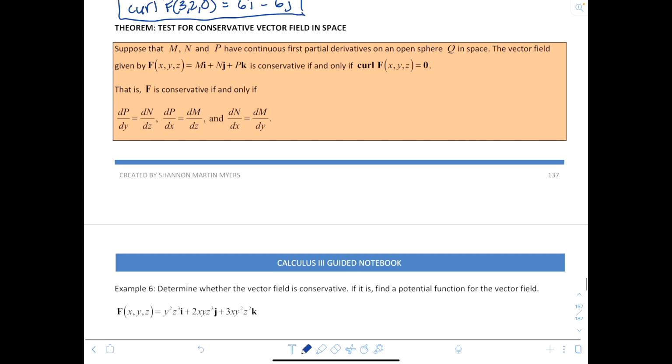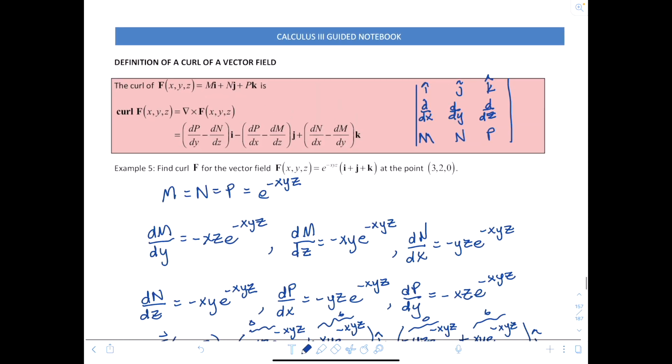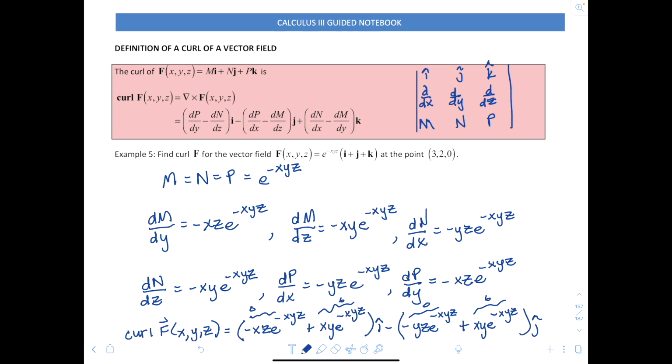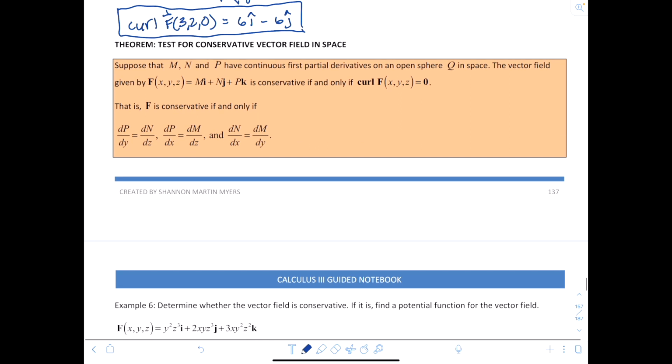So the things being subtracted as the coefficients of i, j, and k have to zero out in order to get the zero vector. That's where we get all of this: dP/dy has to equal dN/dz, dP/dx has to equal dM/dz, and dN/dx has to equal dM/dy. All right?